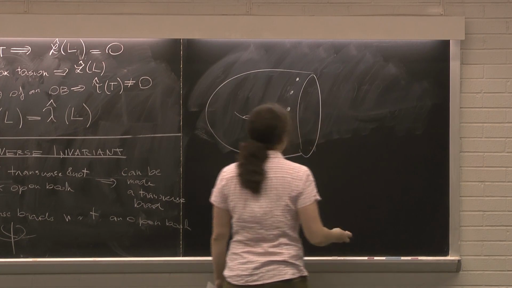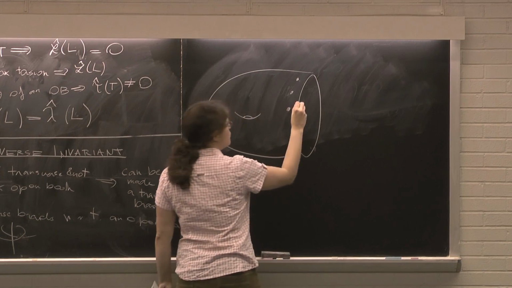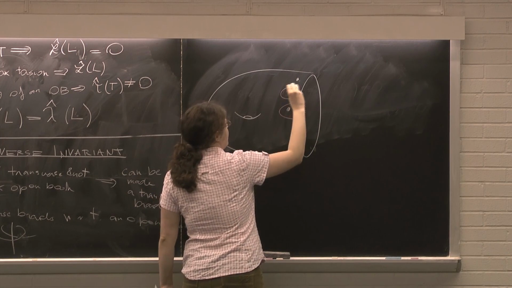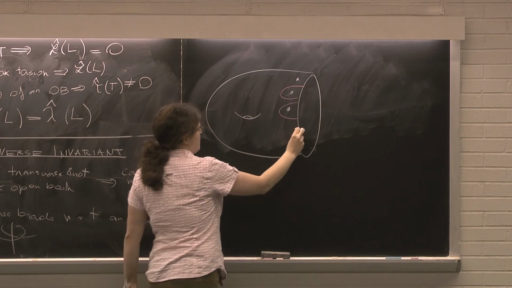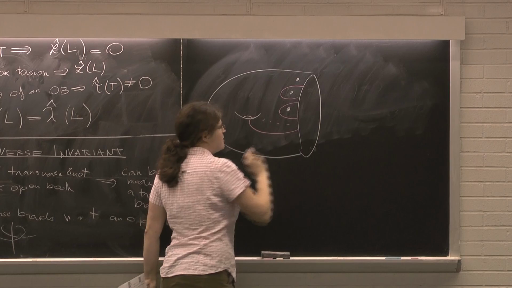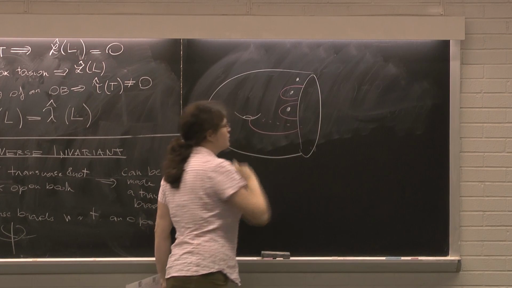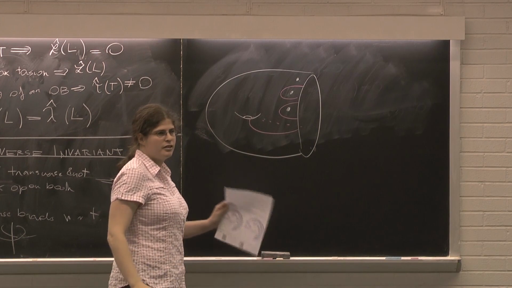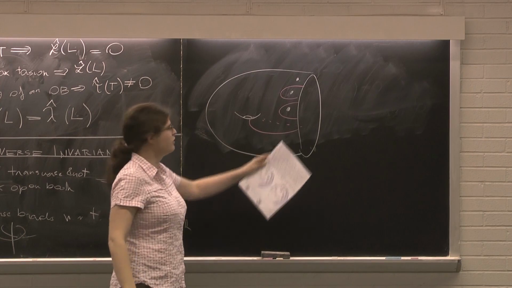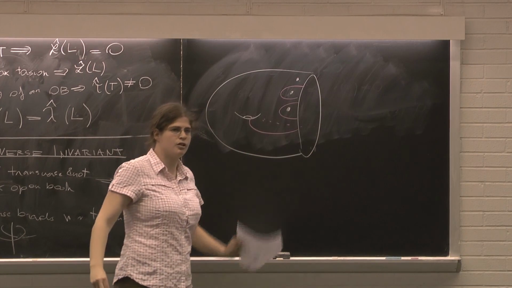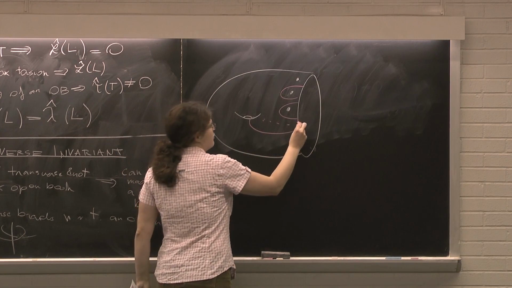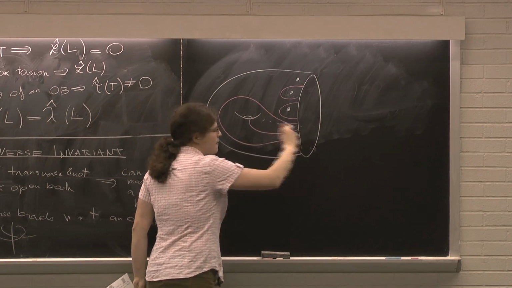And then I again just do the same thing. I divide my page up into several lists, each of which containing exactly one of the points of the intersection with the braid.